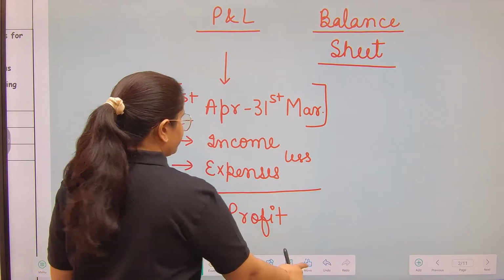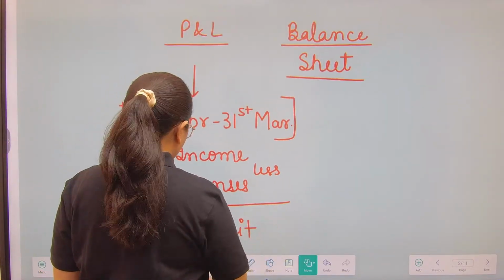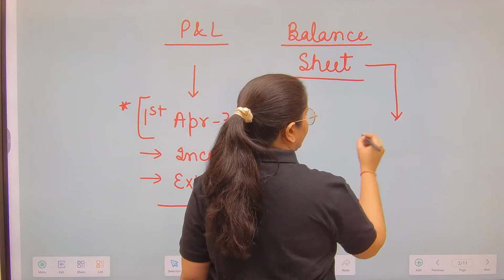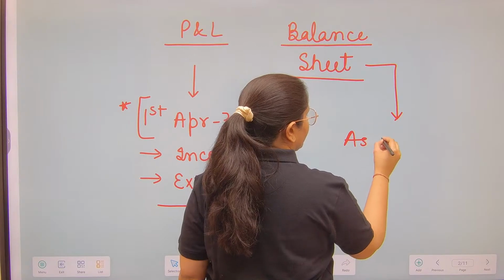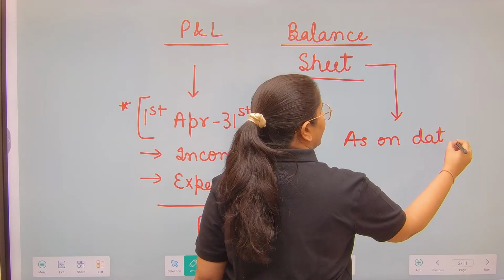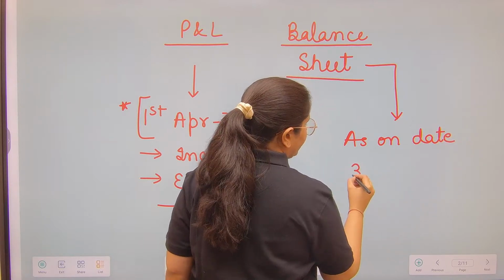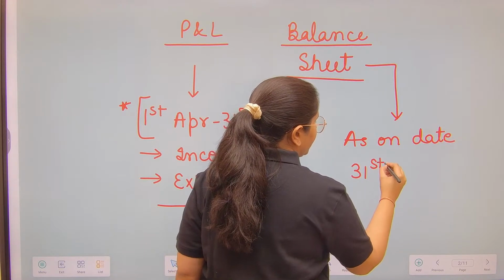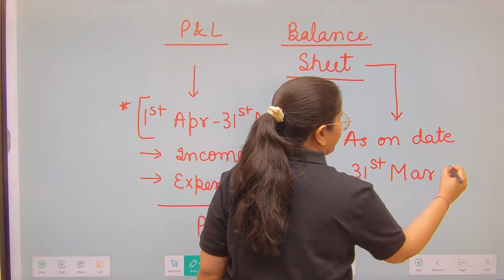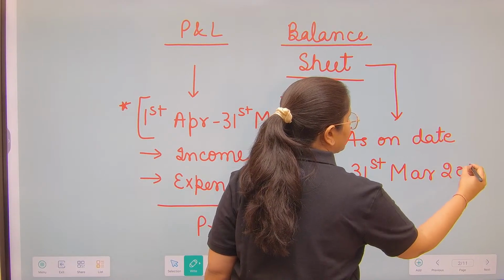Next thing, talking about the balance sheet. The balance sheet is prepared as on date. That means it is prepared at the end of the financial year. What is my financial position at the end of the financial year?